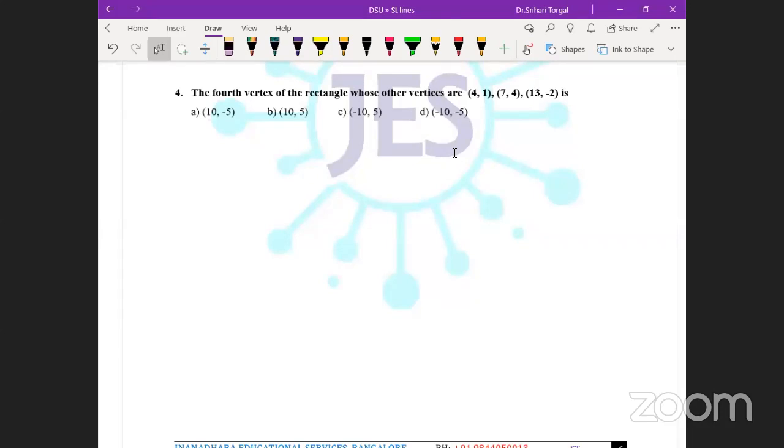The fourth vertex of the rectangle whose other vertices are 4, 1, 7, 4, 13, minus 2. Yes, try this question.